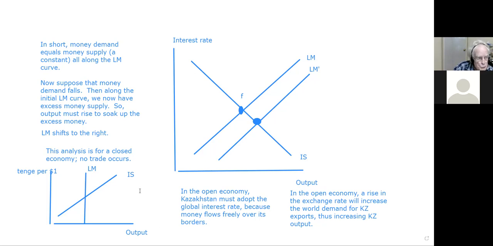Okay, now suppose that money demand has fallen, and therefore we have excess money in the story. That is, the original LM schedule is no longer in equilibrium.